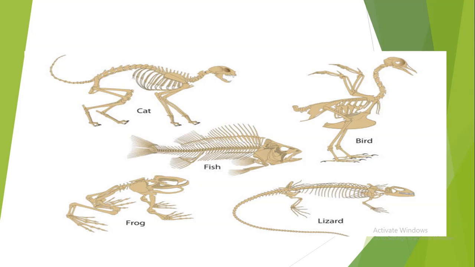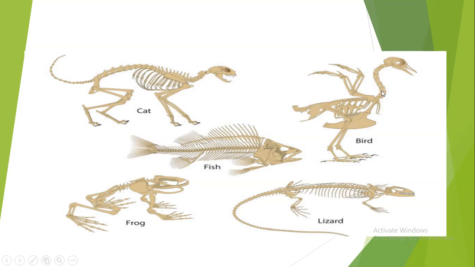So, what is a backbone? Now, look at these skeletons here. This is a skeleton of a cat. This is a skeleton of a bird. This is a skeleton of a fish, a frog, and a lizard. I want you to notice the series of bones that runs down the back of this cat.